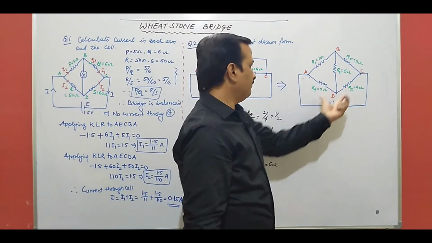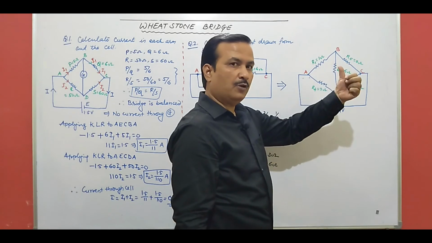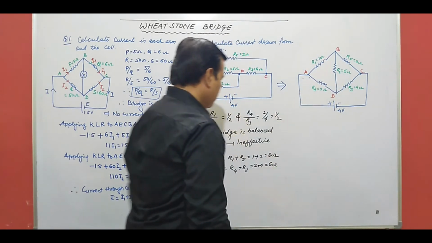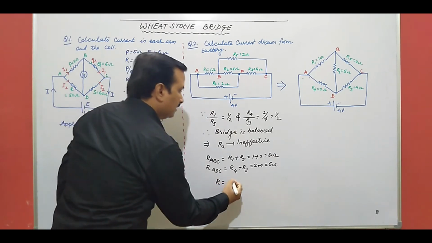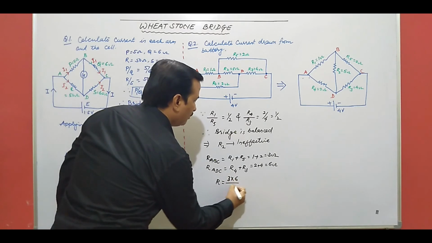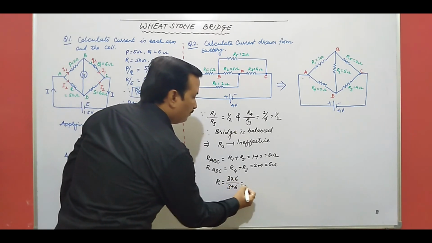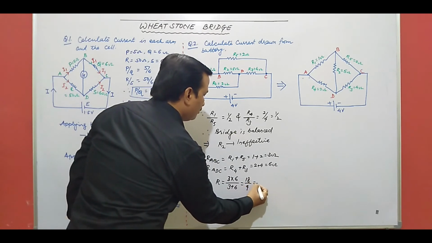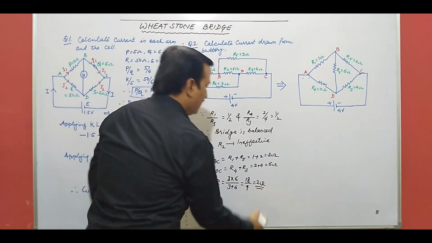Now this we have combined, series combination. Now these resultant are in parallel with each other. R equal to how much? This 3 into 6 upon 3 plus 6. Parallel combination में है, so it is coming 18 upon 9, so 2 ohm.